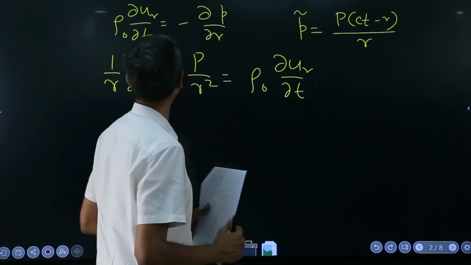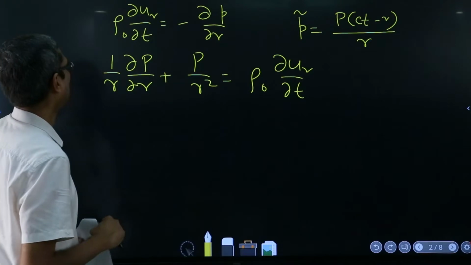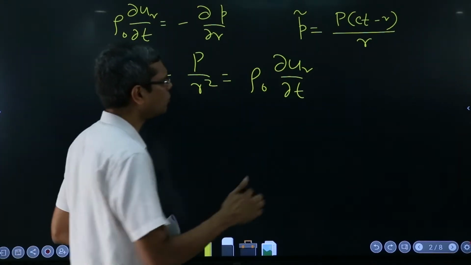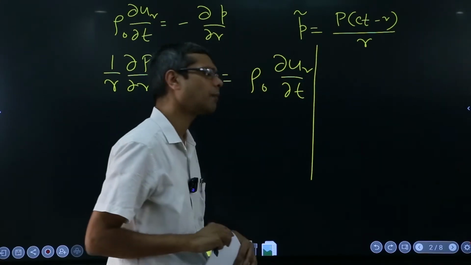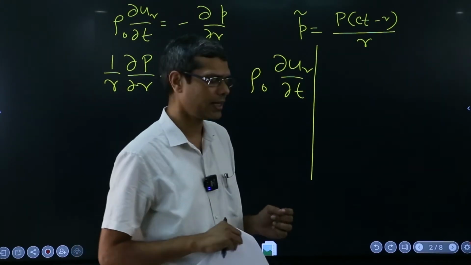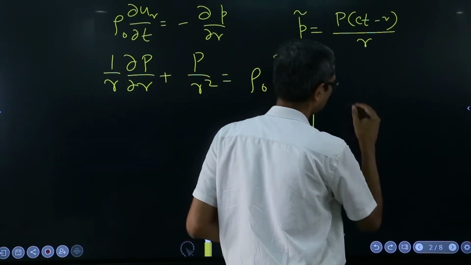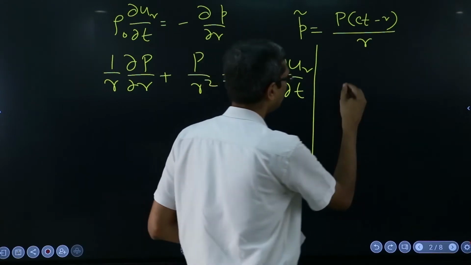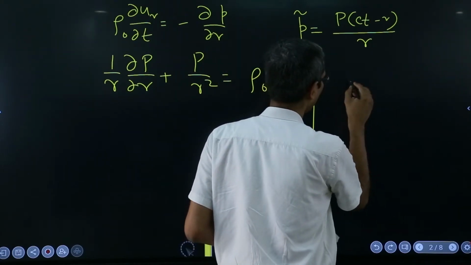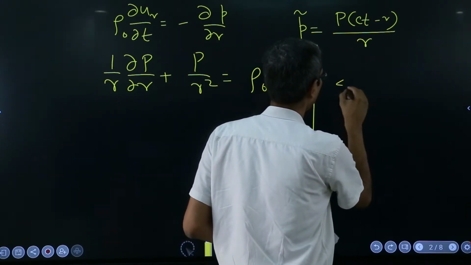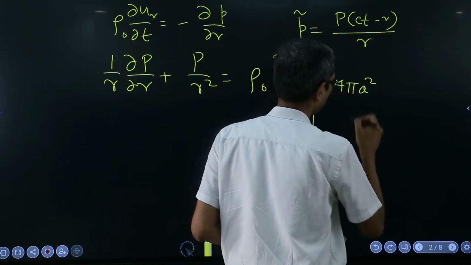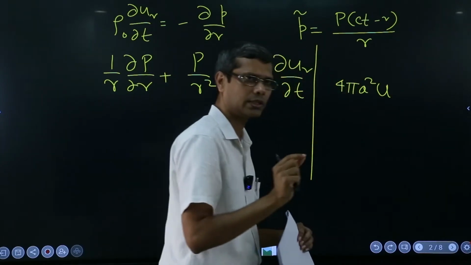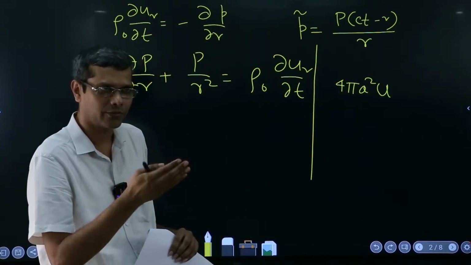Now what you can do here is define one more parameter, in a way which is generally defined to express any small sources. Suppose you have 4 pi a square times u, the velocity at that surface.